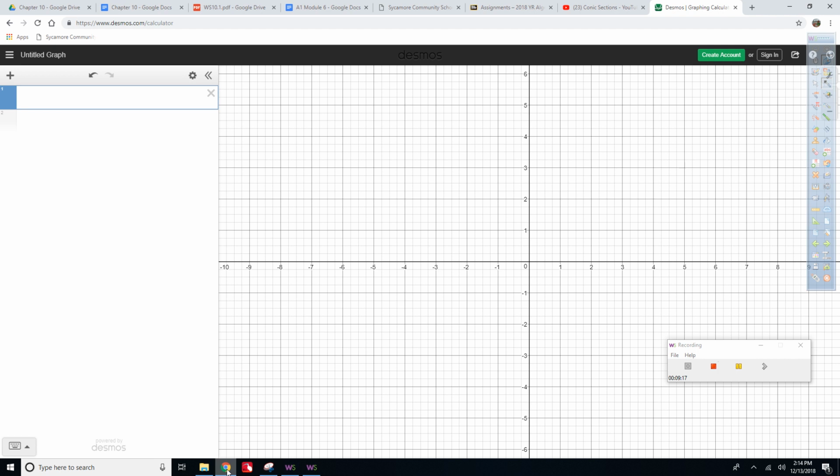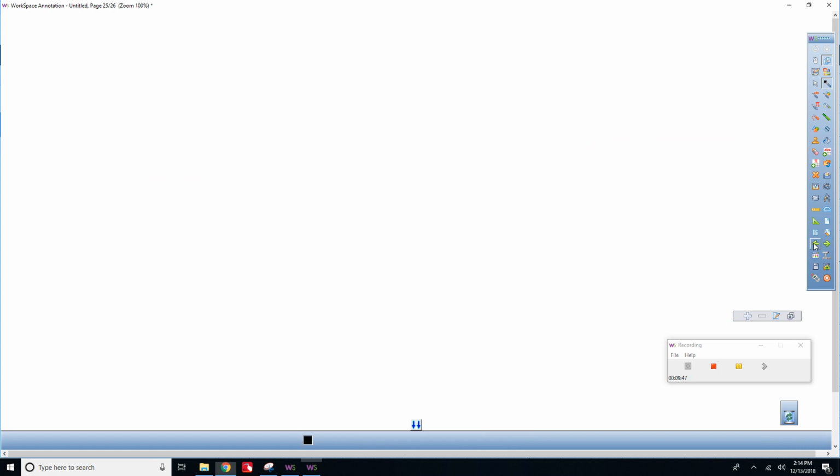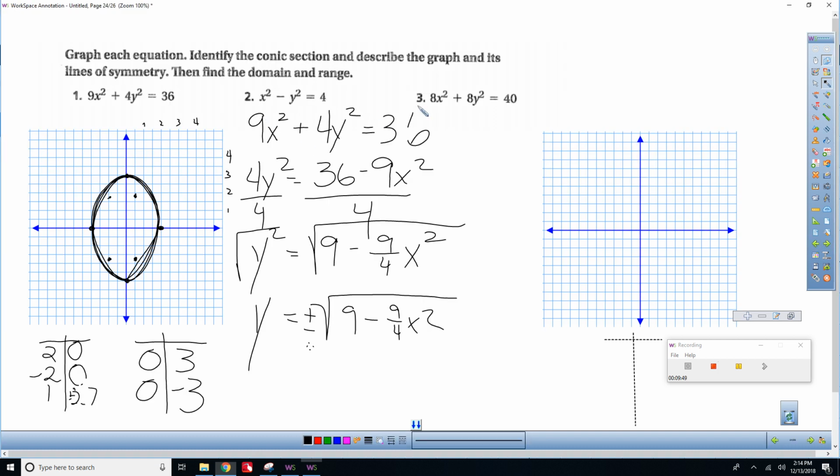Alright, there's a better, cleaner version of what I had. Okay? So we're going to use Desmos. And that'll help us understand what these graphs would look like a lot quicker. I encourage you to do Desmos for number 2.